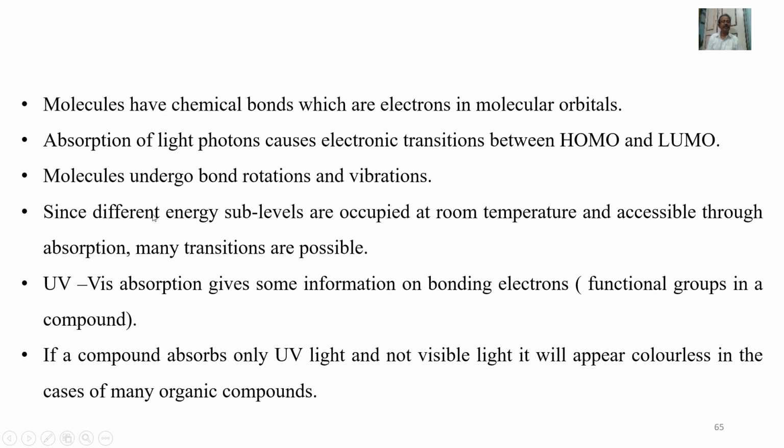Since different energy sublevels are occupied at room temperature and accessible through absorption, many transitions are possible. UV-vis absorption gives some information on bonding electrons, like functional groups in a compound. If a compound absorbs only UV light and not visible light, it will appear colorless, as in the case of many organic compounds.